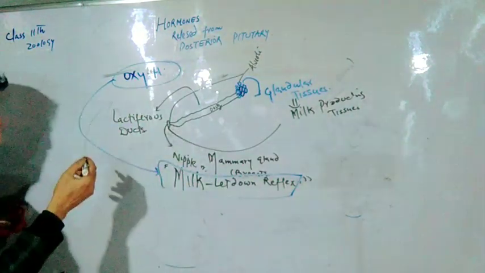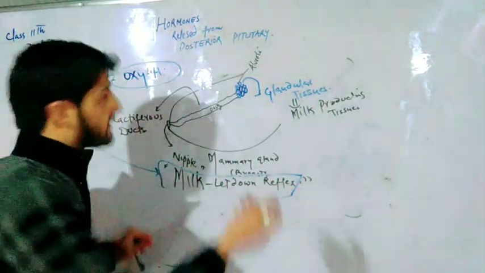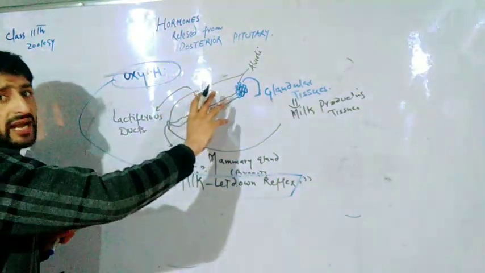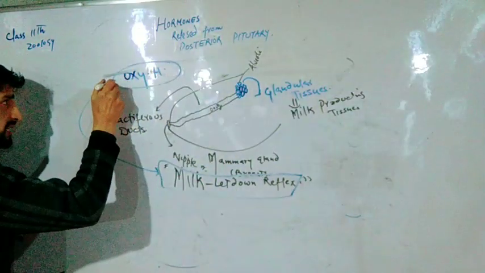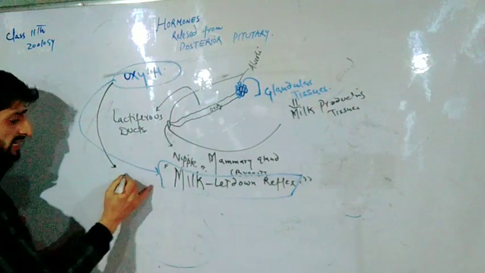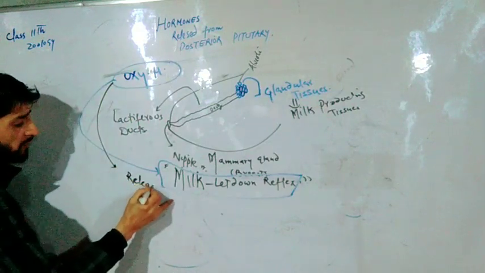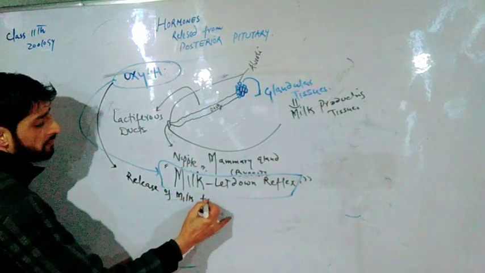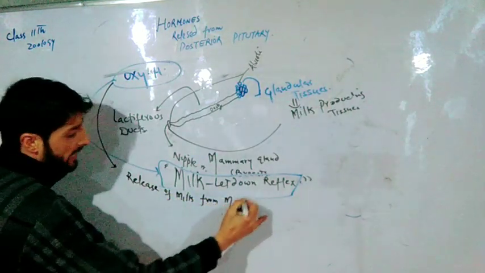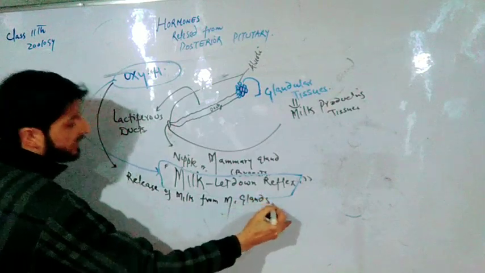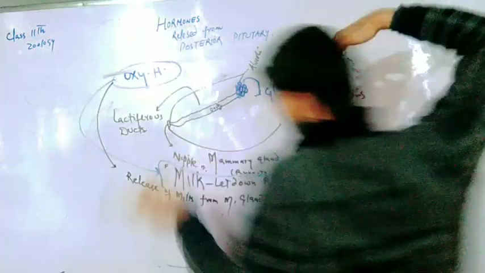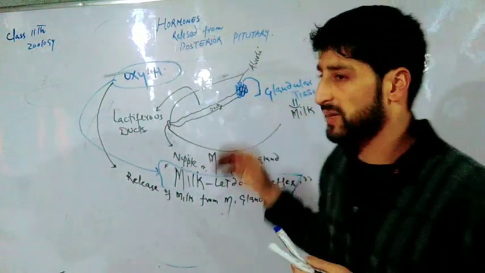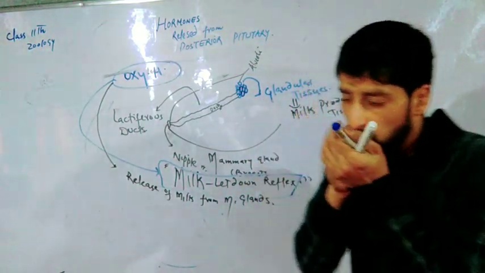That is, this oxytocin hormone stimulates the release of milk from the mother's breast, from the mammary glands. Taking milk out of the mammary gland, the milk let down, is also controlled by oxytocin hormone.